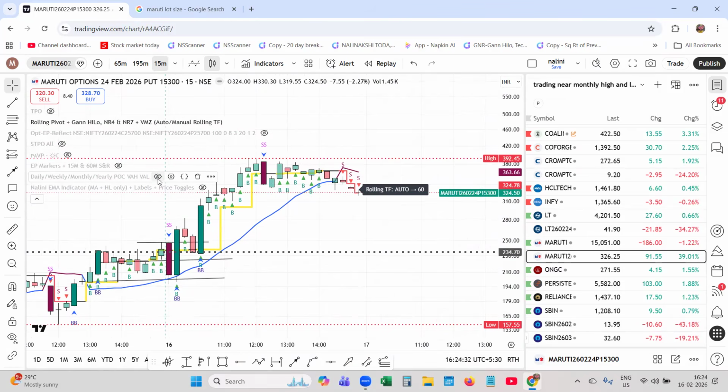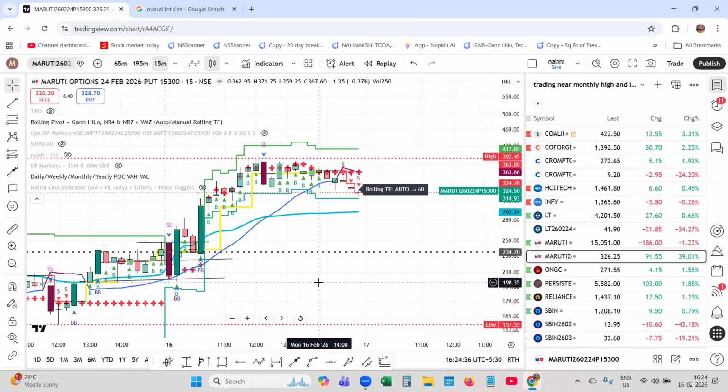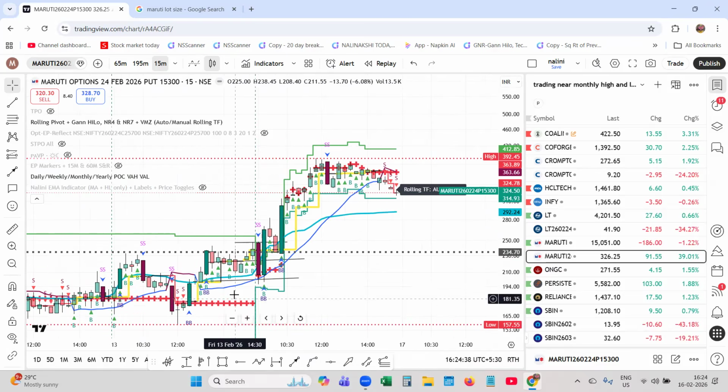And here also, I am going to enable point of control. Price was accepted over here. You can see price was accepted and moved higher. So it was a retest. That is another filter, another process that I do.